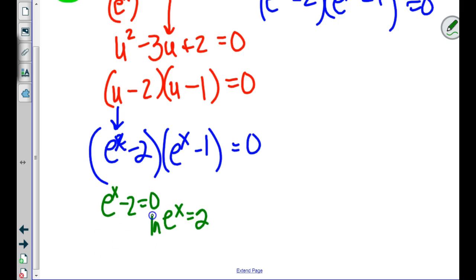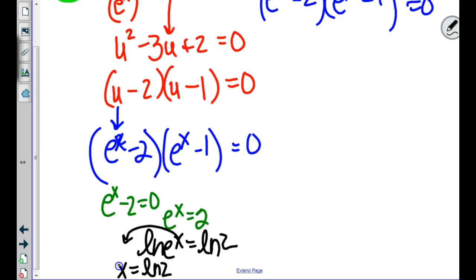So if I do ln and ln over here, let me just rewrite it, sorry. Okay, this x can move out front, right, because it's an exponent. And what is the natural log of e? 1. So I just have x equals ln of 2, and that's an exact solution. Or you could give me a decimal by typing it in your calculator.